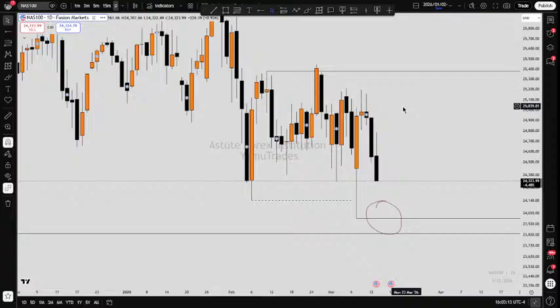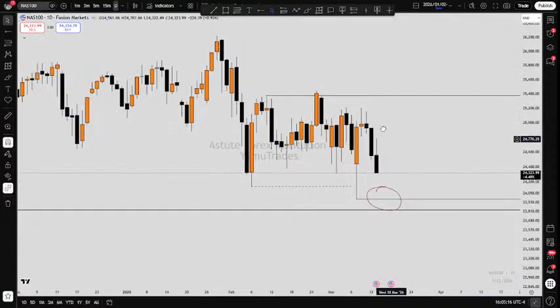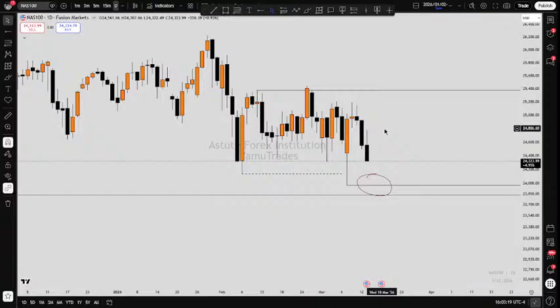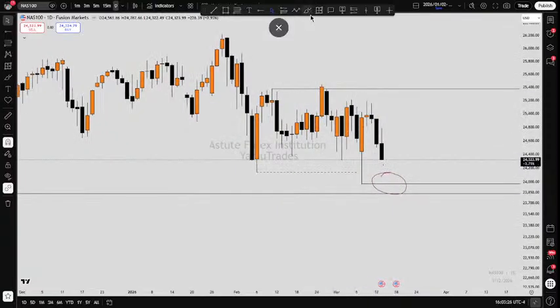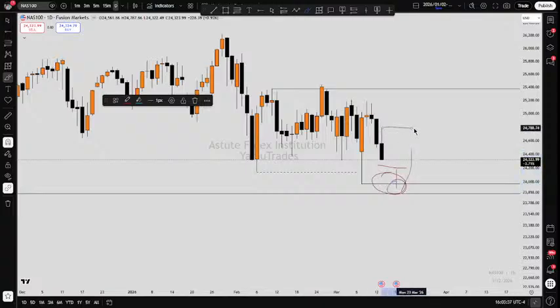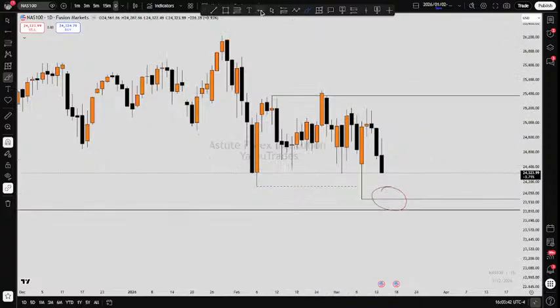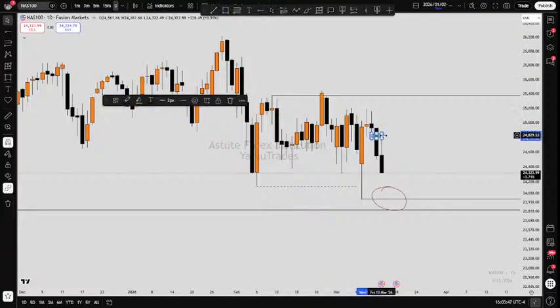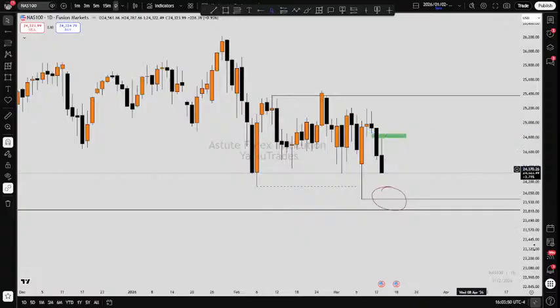Okay, so what are we looking for on Nasdaq? We're predicting that the price is going to go lower. There's going to be a gap. The price is going to open around here, then go lower. Then maybe on Tuesday it can go higher to this fair value gap. Highly possible, but don't take my word for it.